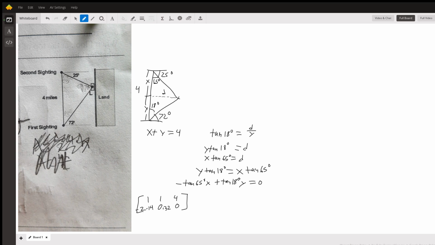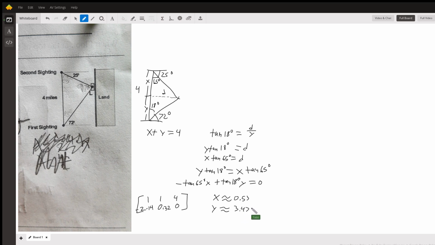All right, so I'm getting 0.53 for x, and then y was 3.47.